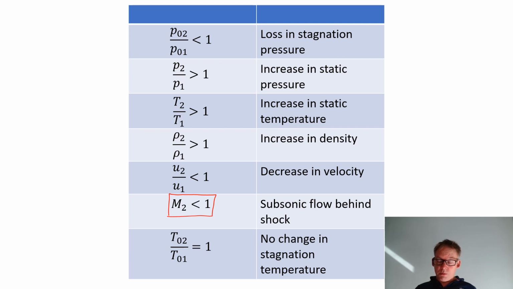Energy is conserved, so it means there's no change in stagnation temperature. This constraint of the stagnation temperature not changing is used almost throughout all of the analysis, apart from when we're looking at Rayleigh flows where we're adding heat. So this is pretty much a standard assumption.